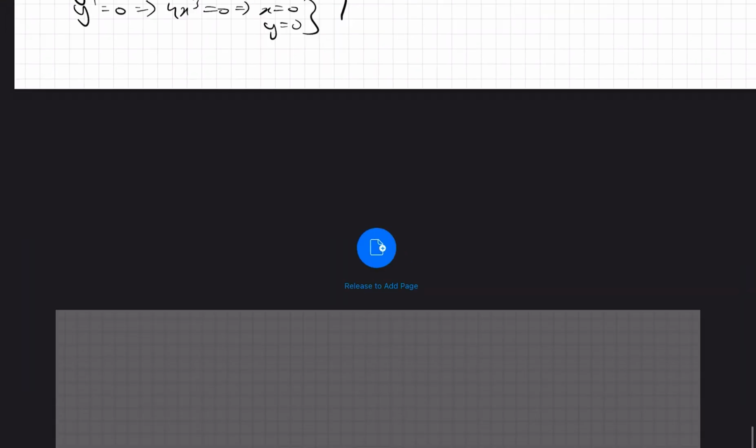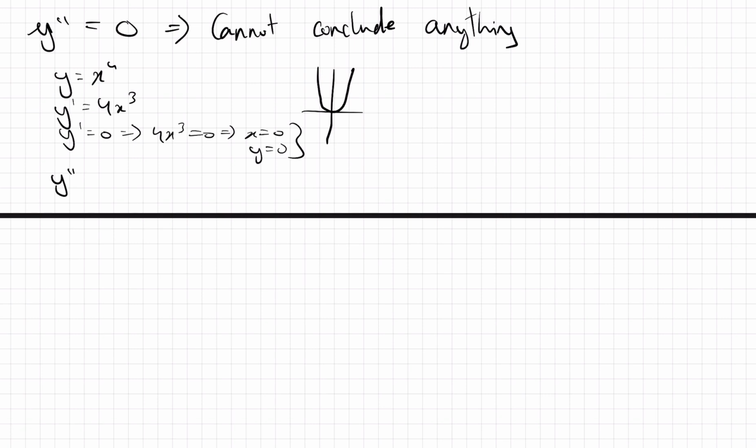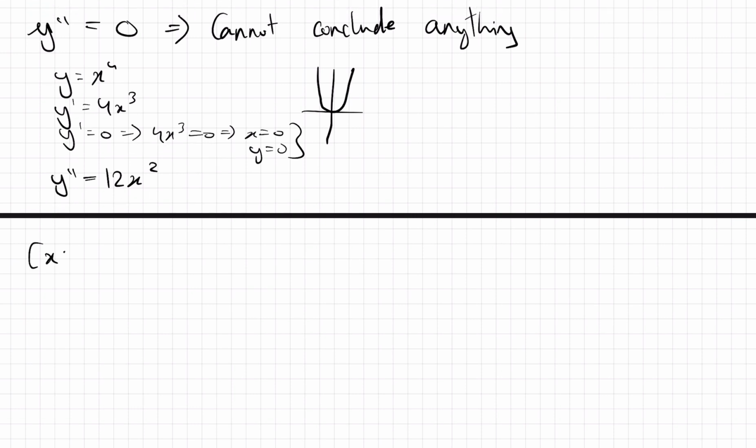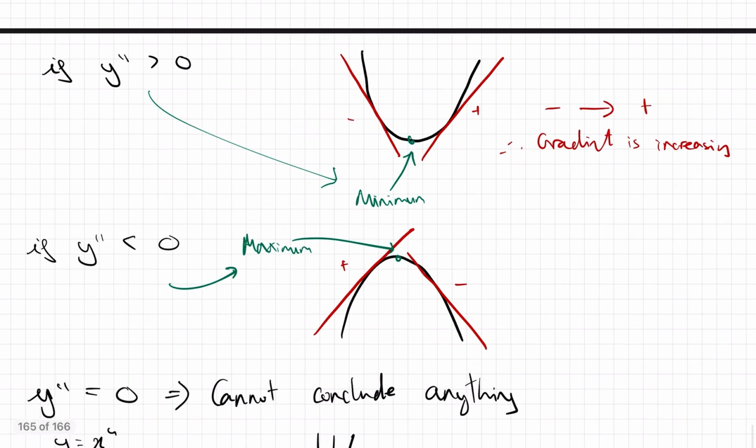But you'll notice, if we work out the second derivative to try and figure out if it's a minimum or maximum, and then we put in our stationary point, we're just going to get the second derivative as 0. But clearly, this is a minimum, right? So why aren't we getting the second derivative greater than 0?